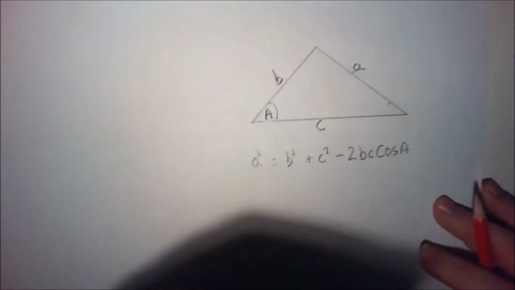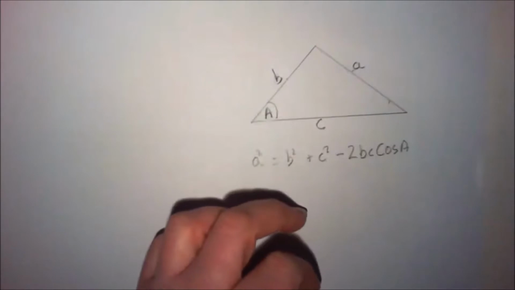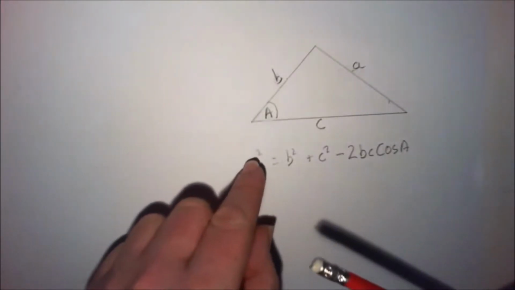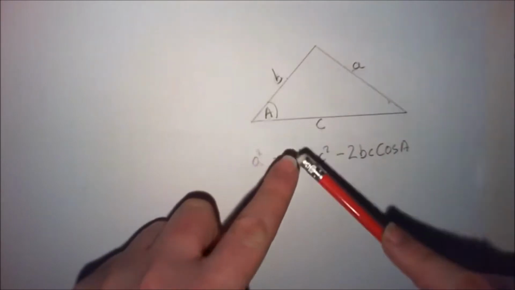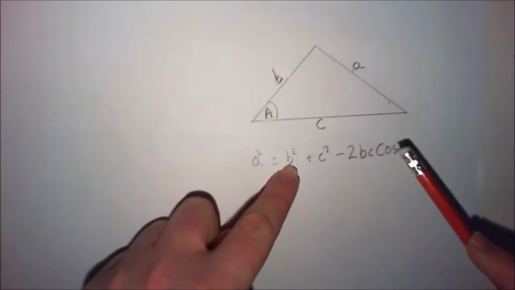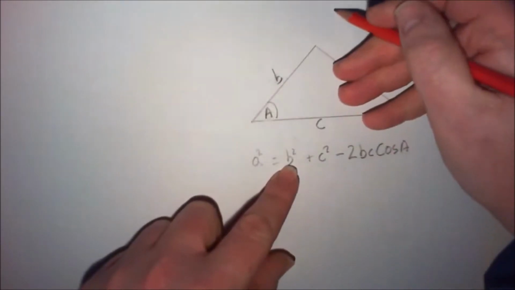I'm going to show you the proof of it. We'll come back to it and see for yourselves does it make sense to you. So basically what we're saying is that one side squared is equal to the sum of the other two sides squared minus twice their product by the cos of the angle in between them, hence the cosine rule.